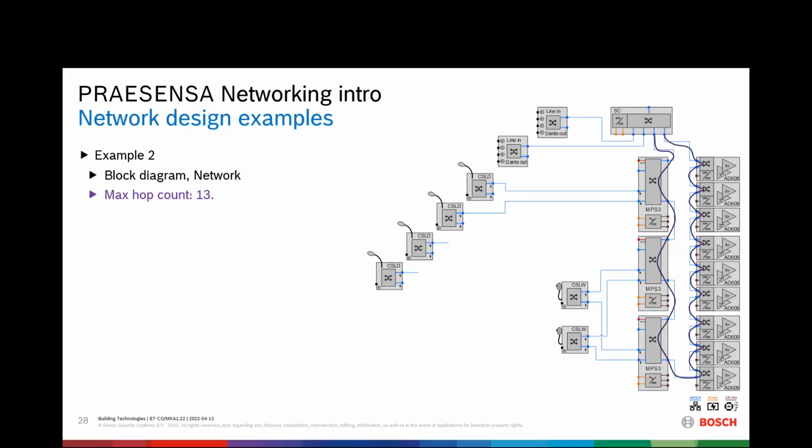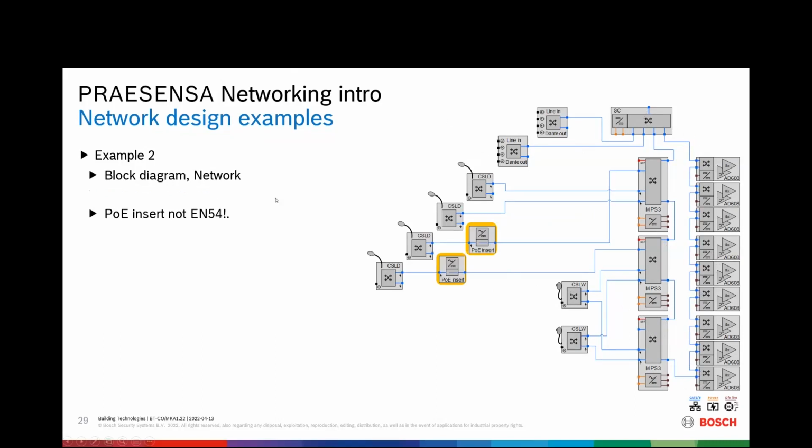Let's first focus on the loop we created here, because this loop here has 13 hops. Because now this is a pretty large one, which has all these 9 amplifiers, these 3 MPSs, and the system controller itself. So that means you have created a ring with 13 devices in it, a hop count of 13.